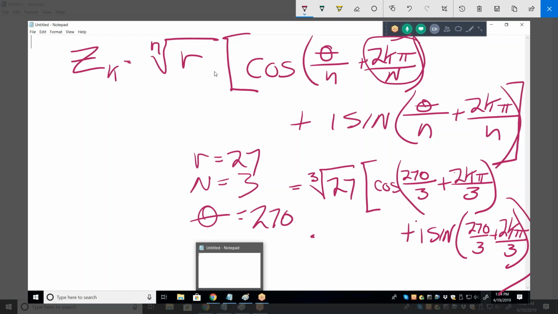There is going to be your third roots of minus 27i.